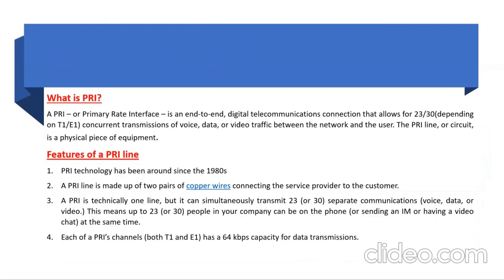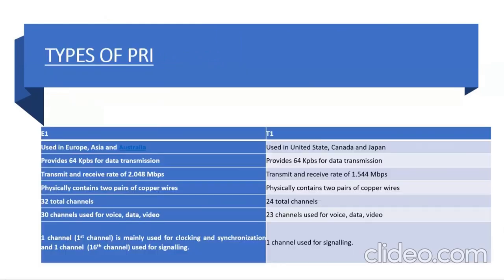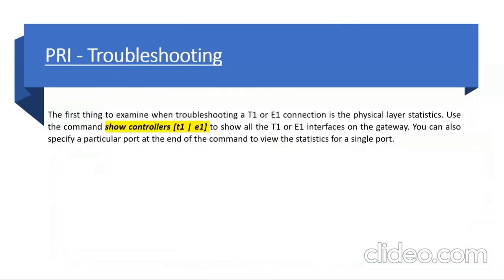It can be used to have multiple sessions in one PRI connection. There are two types of PRI, E1 and T1. E1 is for Europe, Asia, and Australia. T1 is for United States, Canada, and Japan. The difference is the number of channels. E1 has 32 channels, but only 30 channels can be used for voice, video, and data. T1 has 24 channels, but only 23 channels can be used for voice, video, and data.